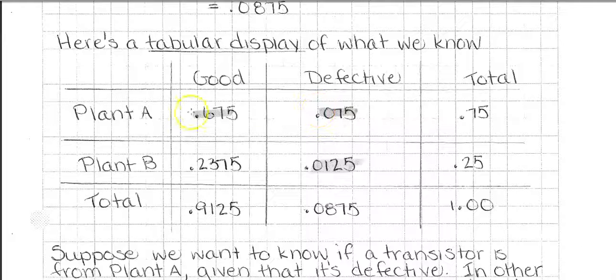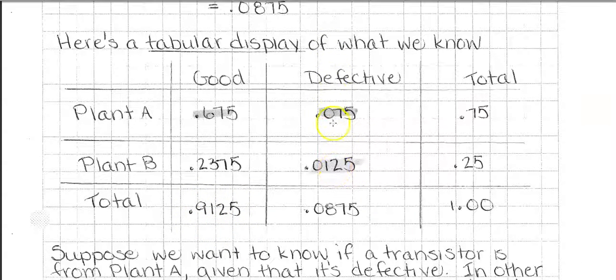Again, if you sum up the rows across, we have 0.75, or 75%, of the transistors come from plant A, and if you sum this second row across, 25% of the transistors come from B. And like we found above, if we sum the columns, these two branches are going to give us all of the good transistors, 91.25%.